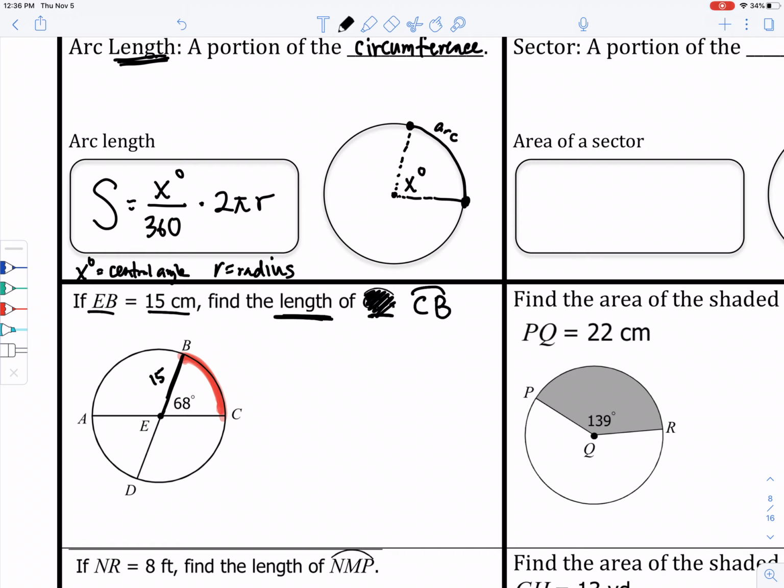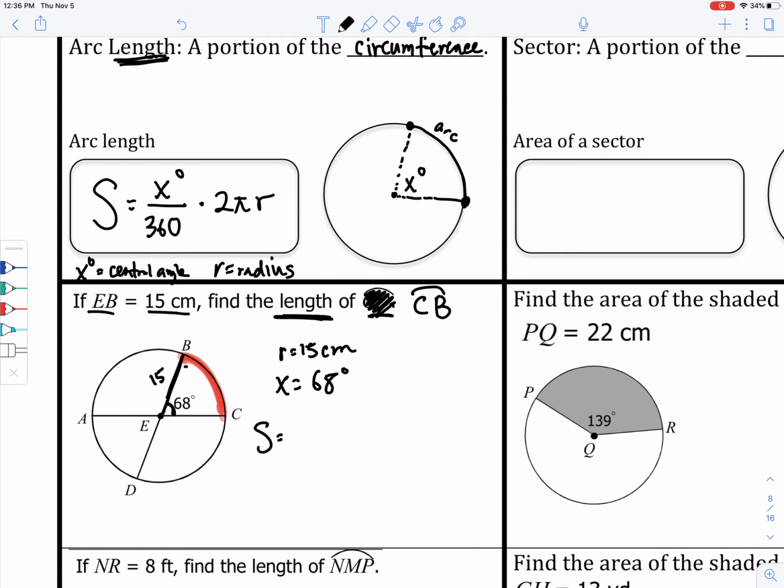So with that, I'm going to write down all the information I have. I know that we just said that the radius is 15 centimeters. And the central angle that goes with that arc length is 68 degrees. So my x value is 68 degrees, and we're going to plug it in to find the length of CB.